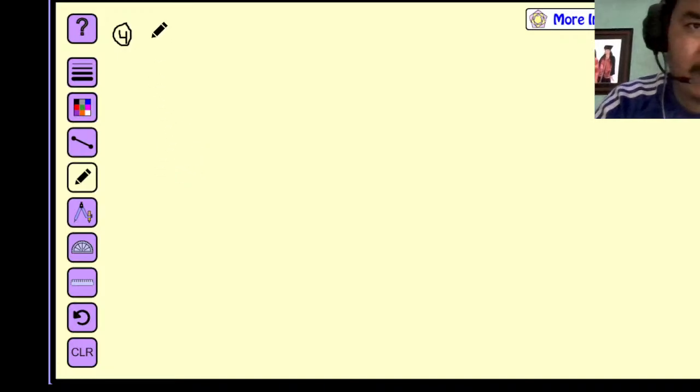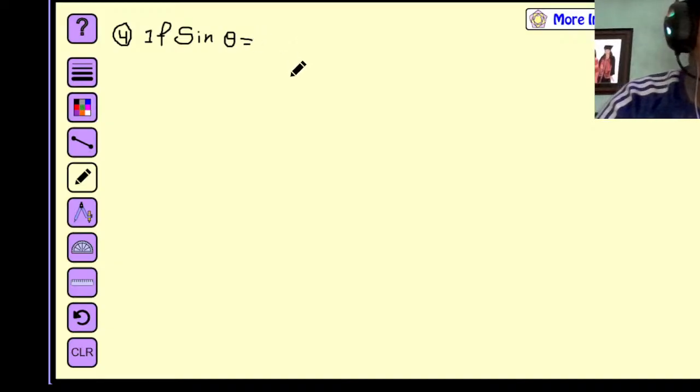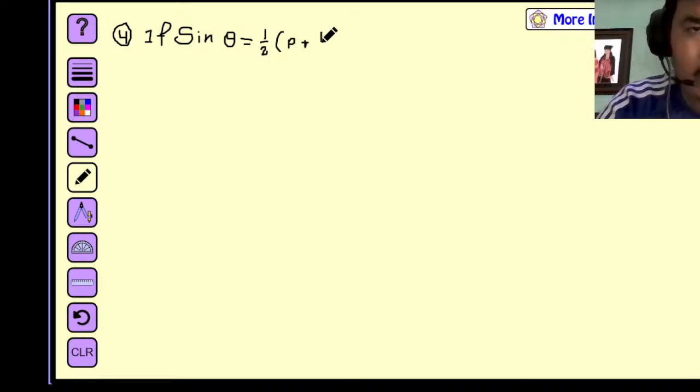If sine theta value is given there, 1 by 2, in bracket there is p plus 1 by p.